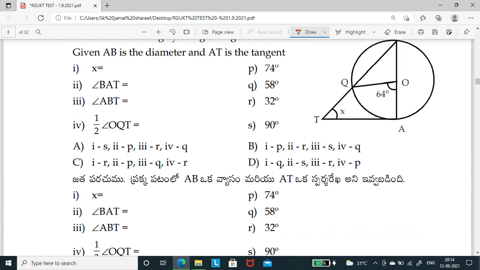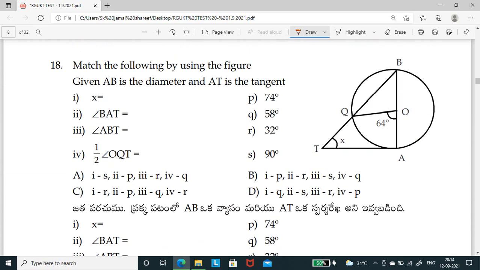Right, next moving on to question number 18. Match the following by using the figure. Given AB is the diameter and AD is the tangent. Then the tangent will make a 90 degree angle with the diameter.